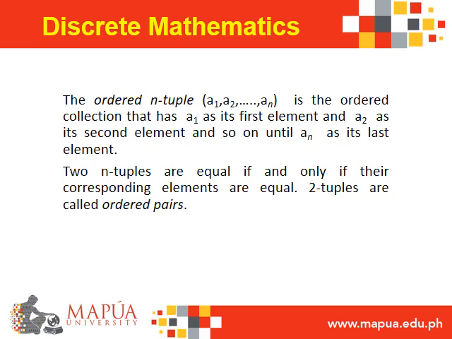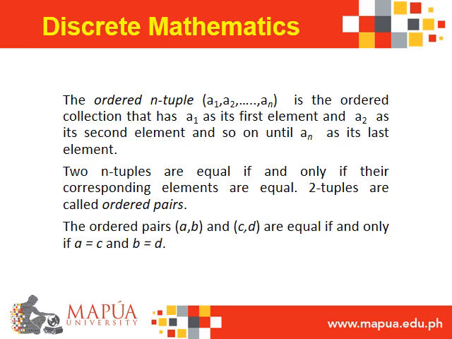The two-tuples are called ordered pairs. The ordered pairs (A, B) and (C, D) are equal if and only if your value for A is equal to C and your value for B is simply equal to D.